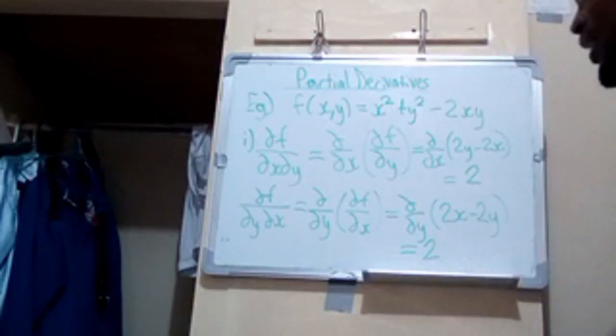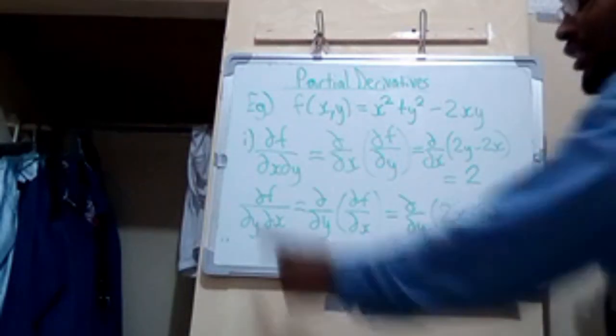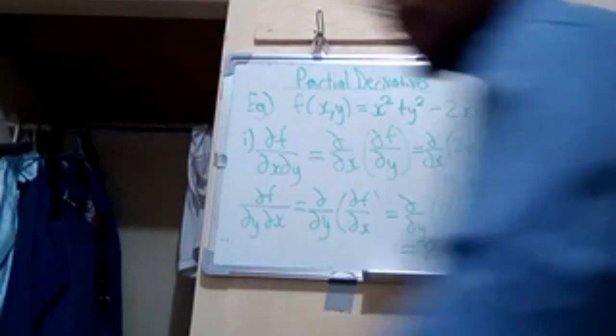Now remember what we said. If ∂²f/∂x∂y is equal to ∂²f/∂y∂x, then f is continuous.